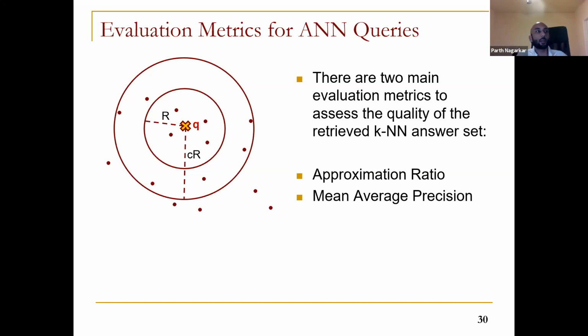To assess the quality of the result, there are two popular evaluation metrics. One is called the approximation ratio, which is different from the C that I mentioned. I know they're annoying because they have similar names. The second one is the mean average precision. I'll explain briefly what they do.